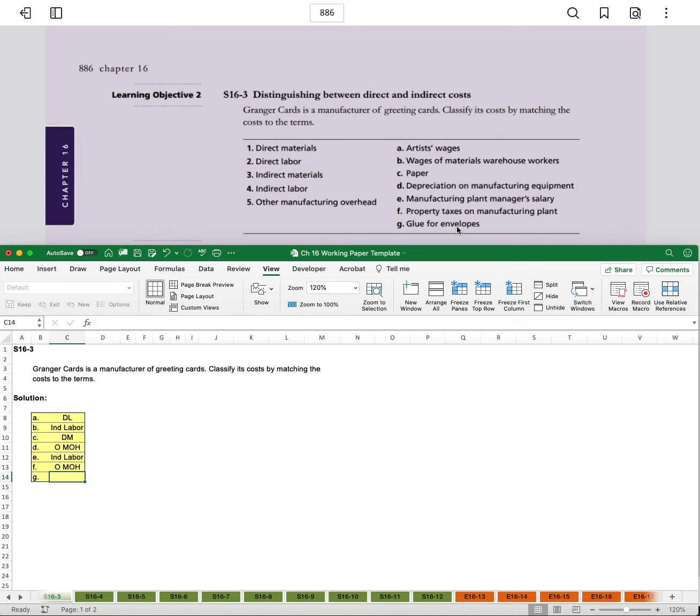Yes, we could, but it's probably not cost effective for us to take the time to measure out exactly how much glue was put on each envelope, as opposed to labeling it as an indirect material and then just distributing that cost amongst the products. So this is going to be an indirect material. And that's it for this problem.